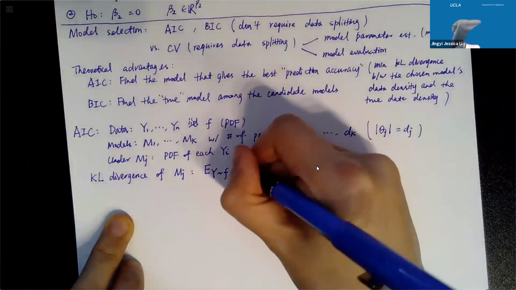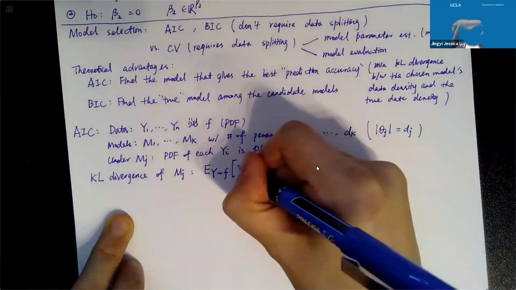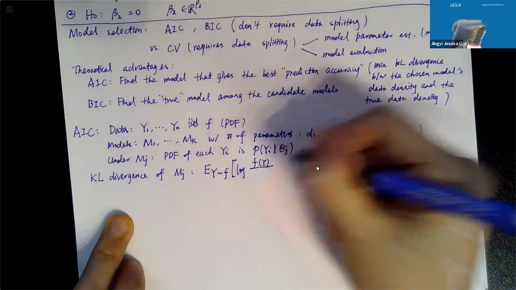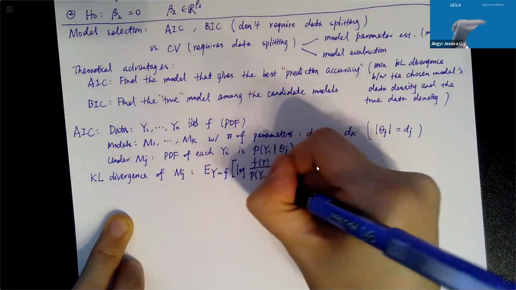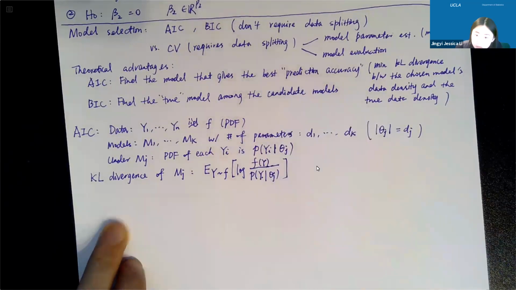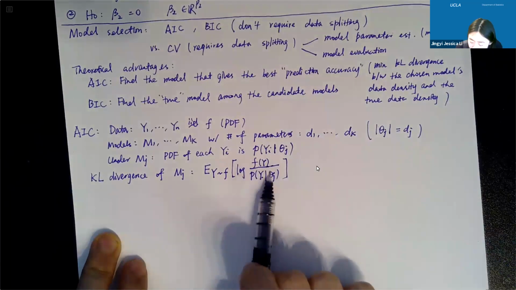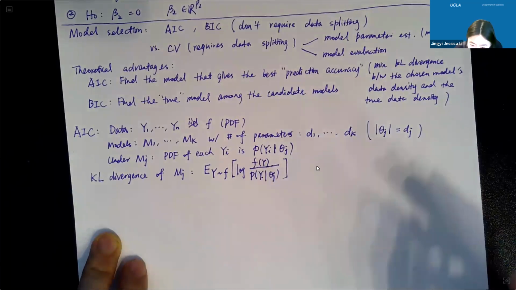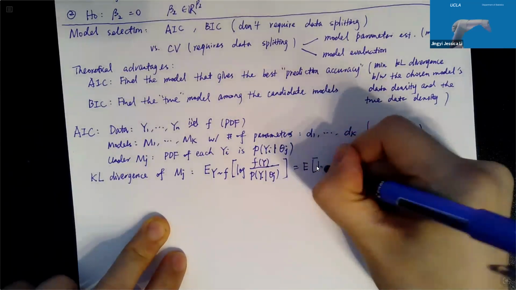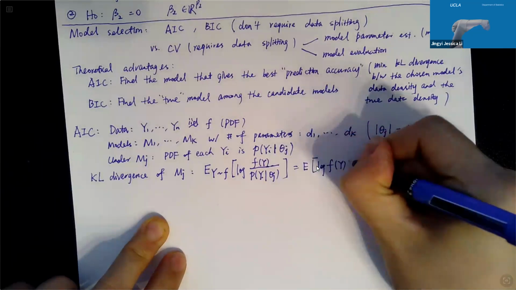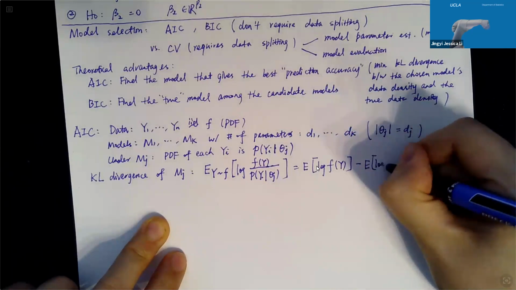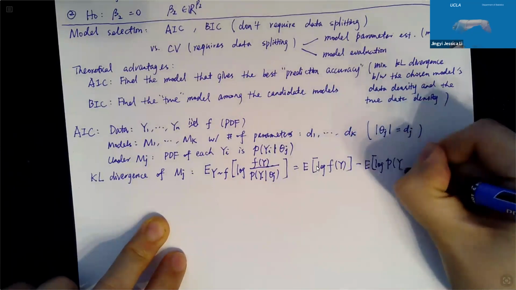That KL divergence is just the log of f(y) divided by the density of model J. By this definition, if we further separate the log ratio term, we have the expectation of log f(y) minus the expectation of log p(y | theta j).